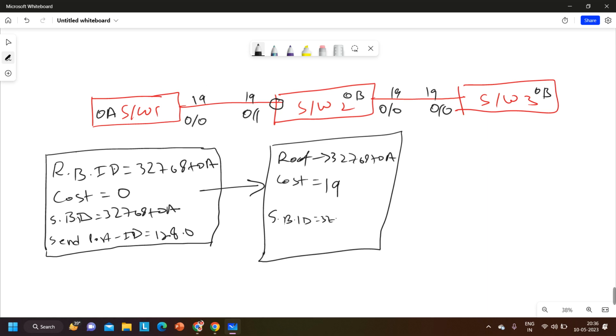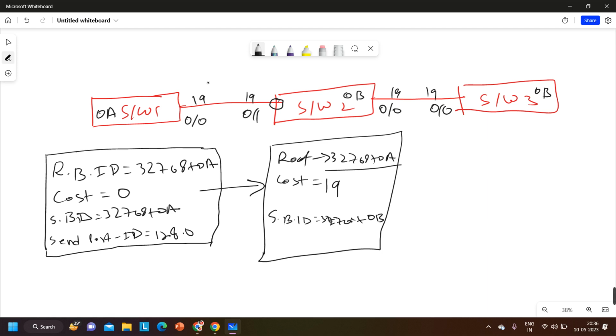32768 plus 0A. 32768 plus 0B. 0B or 0A? 0B. Because now switch 2 is sending this to switch 3. So the sender will be switch 2. Root bridge ID is here. Root bridge ID will be the bridge ID of switch 1.